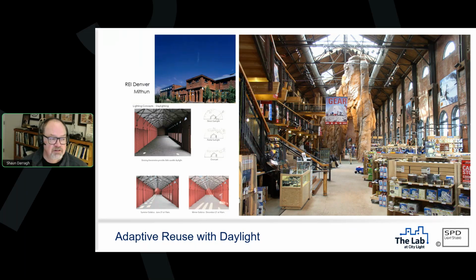So we proposed and did some modeling and got buy-in from the historic folks: what if we pierced the ceiling and put in a series of skylights on the north side, and then at the climbing wall, a skylight on the north and the south, so that we would have some solar gain coming through to give a little bit of natural variability during the day. It worked out really, really well.